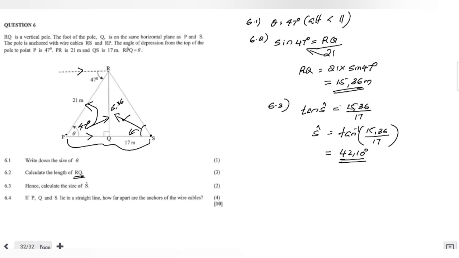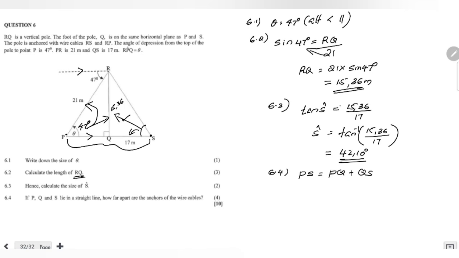Already QS is 17 meters, and we just need to find out what PQ is. We are looking for PS, which is equal to PQ plus QS.